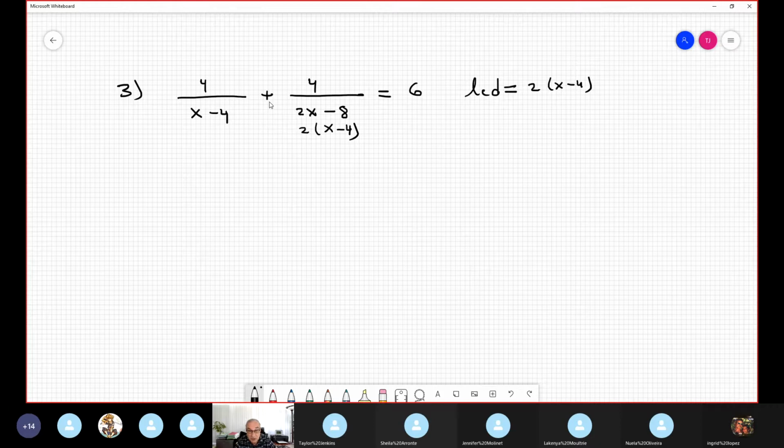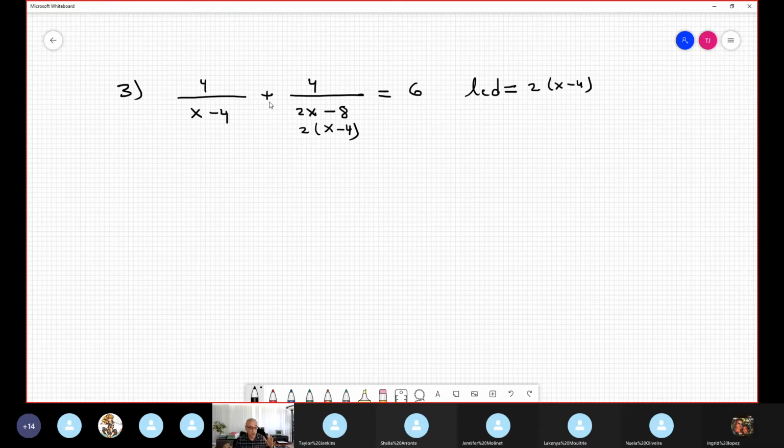When a factor is repeated, you take the highest number of times it appears. If we had x minus 4 squared in a hypothetical case, you would take x minus 4 squared, the higher exponent. But in this case it's 1 and 1, and you take 1 time. Do you follow me? Everyone follow me?